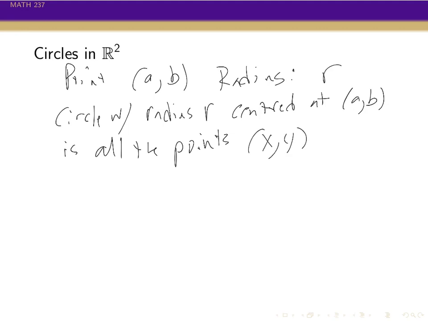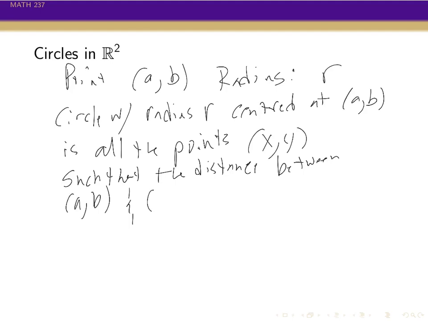(x, y), such that the distance between (a, b) and (x, y) is exactly r. And so now that we know the distance formula in R2, we can just write this out.